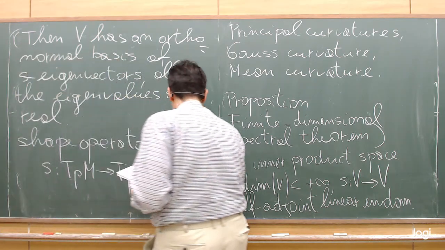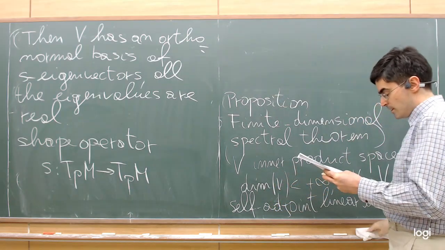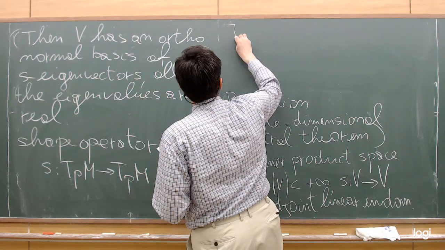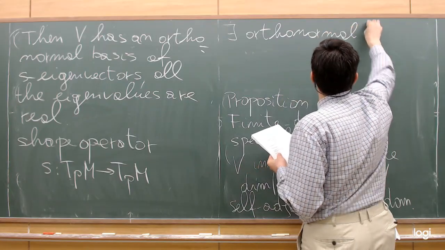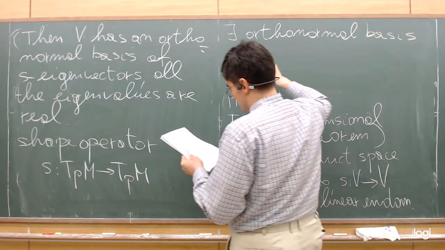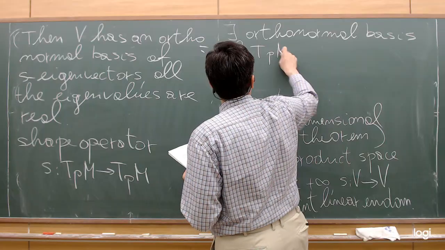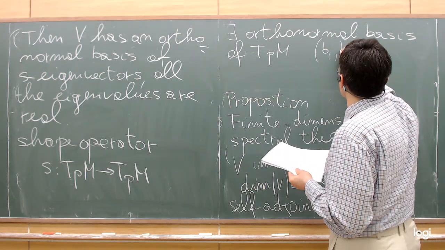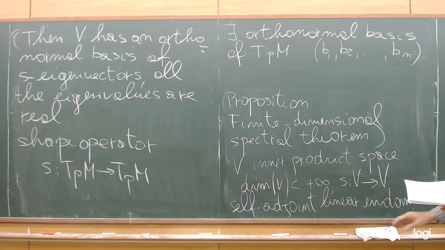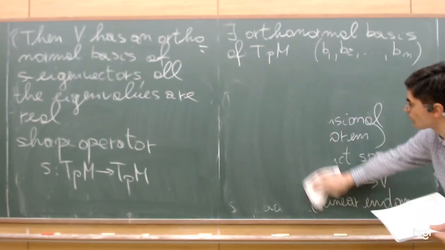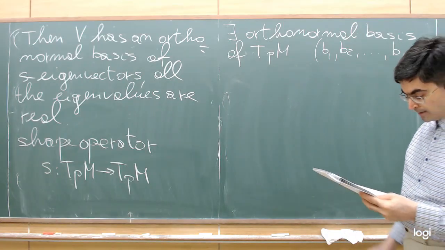So according to this proposition we have that there exists an orthonormal basis of V, of TPM, B1, B2, Bn, and the corresponding eigenvalues are real.